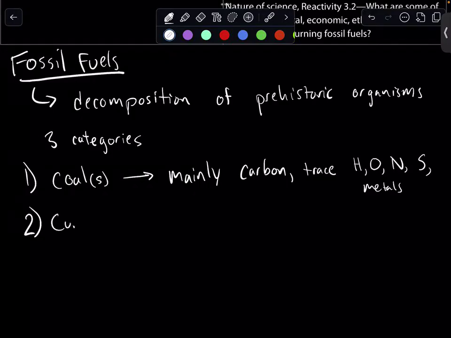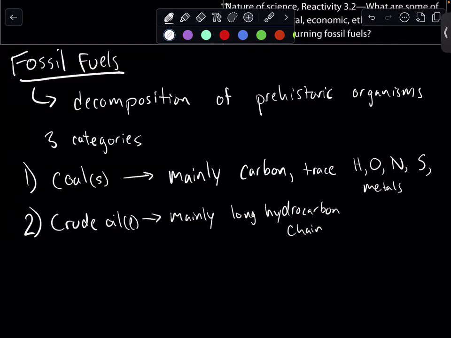Next, we have crude oil. This is usually in the liquid state, and these are mainly long hydrocarbon chains. For most of our examples, we're going to be using C8H18, octane.